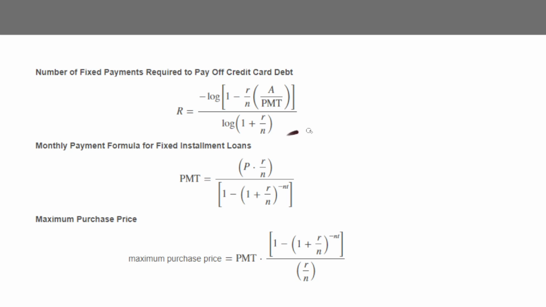So the second one is the monthly payment formula for fixed installment loans. This is almost exactly the same as our last payment formula when it comes to typing things into Excel. Obviously, they're different, but this is in regards to paying off debt instead of earning interest on investments.